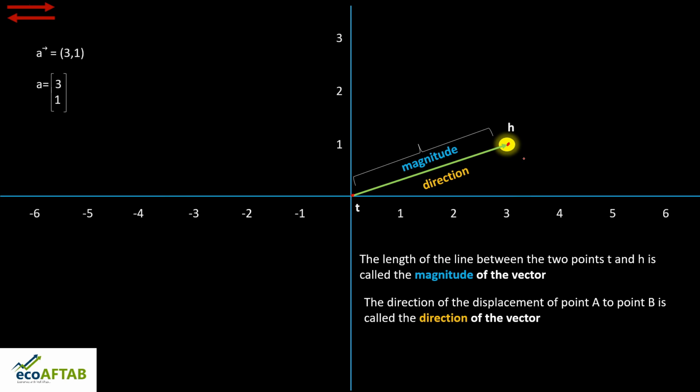So normally in the definition we say point A to B, in our graph it is point T to H. So the vector is the carrier that carries point T up to point H. This is the meaning of vector.